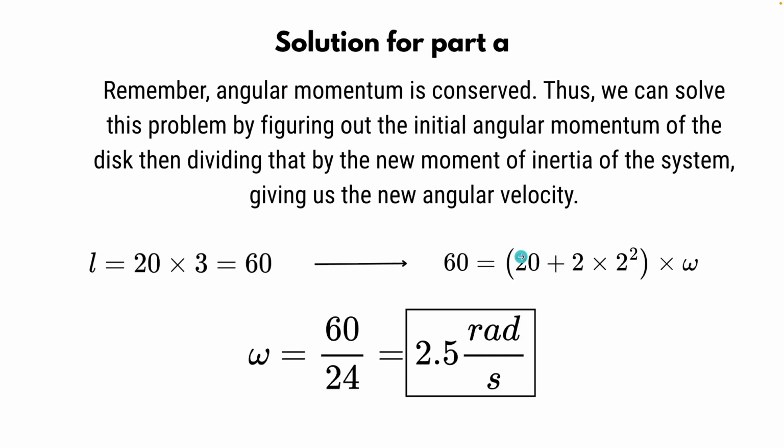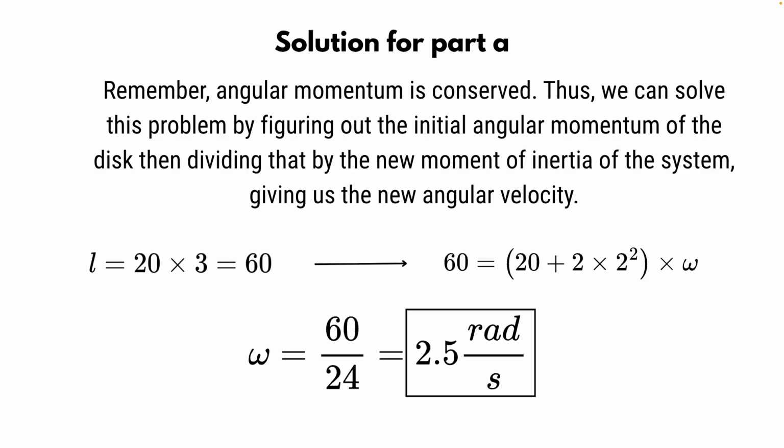For problems like this that are a little more convoluted, it's good practice to visualize the problem and what's going on before doing any math. Remember that angular momentum is conserved for this one.